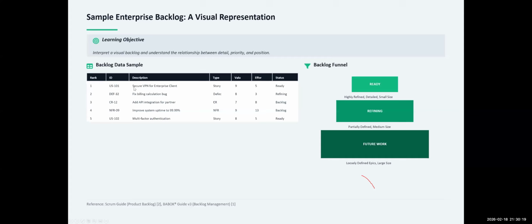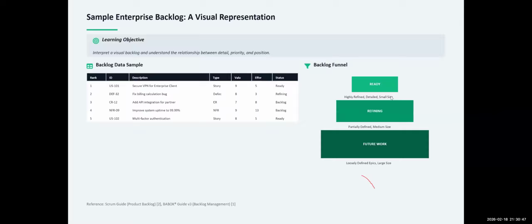I don't know why this one must have been the one at the topmost. Then this one, they are still currently refining, what exactly it is, to understand. These ones are pretty much new. Then this one is ready to go, right? So you can see ready, you see the definitions here. Ready means highly refined detail, small size. If you give it to a developer, they can work on it quickly.